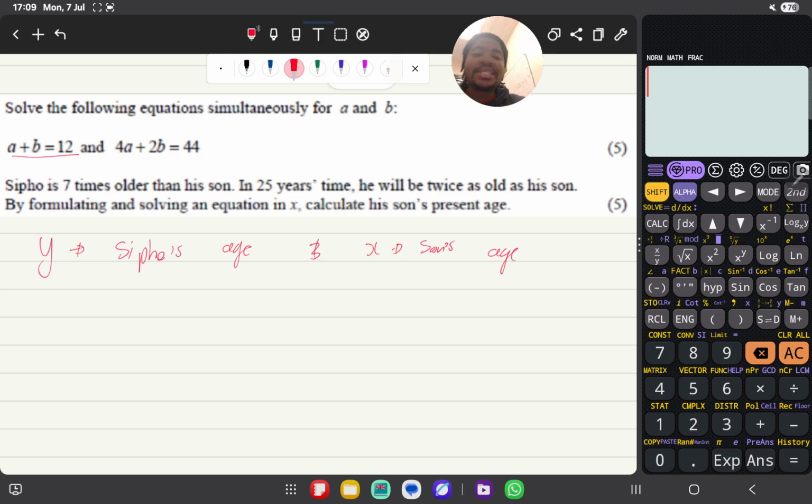I'm talking about present age. So now they're saying that currently Sipho is 7 times older than his son right now, right? Therefore, y equals 7 multiplied by x, which is 7x. This is what's happening right now.